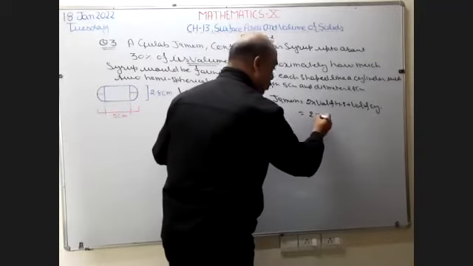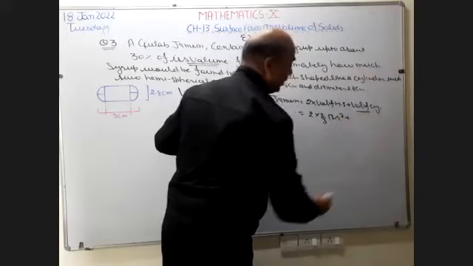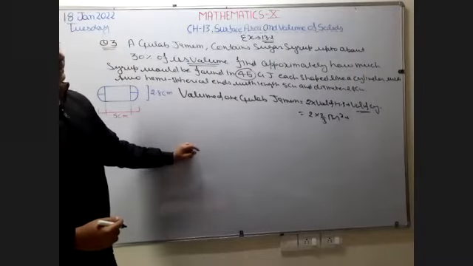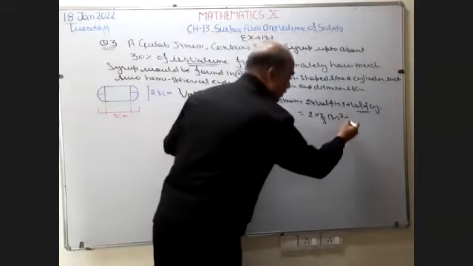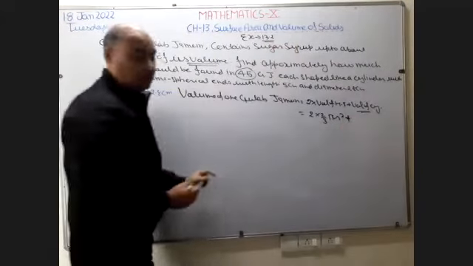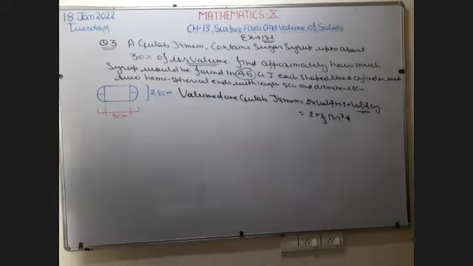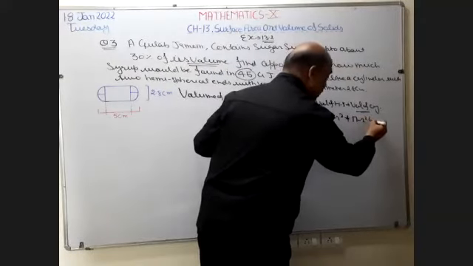So write here 2 into 2/3 pi r cube. Now the formula for the volume of cylinder. Tell me beta, what is the volume of cylinder? Pi r square h. Yes, pi r square h.